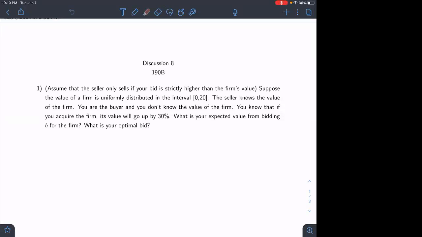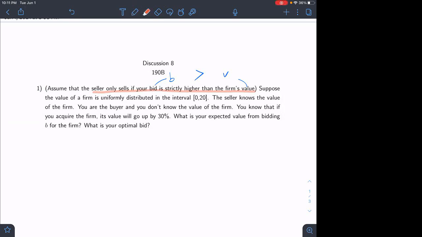Okay. So starting from question 1. We assume that the seller only sells if your bid is strictly higher than the firm's value. We denote my bid as B and the value as V. Only if my bid B is higher than the firm's value V can I acquire the firm.